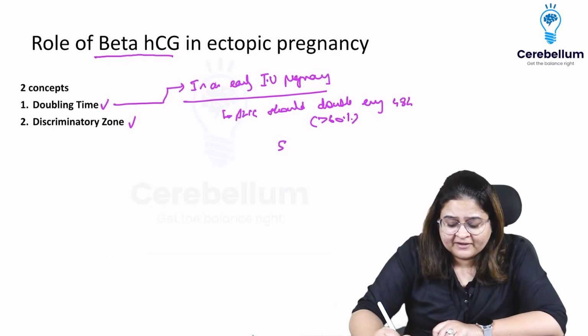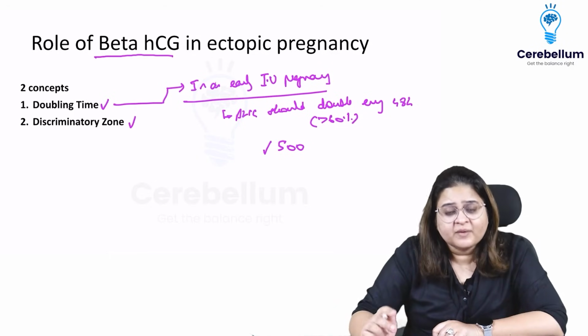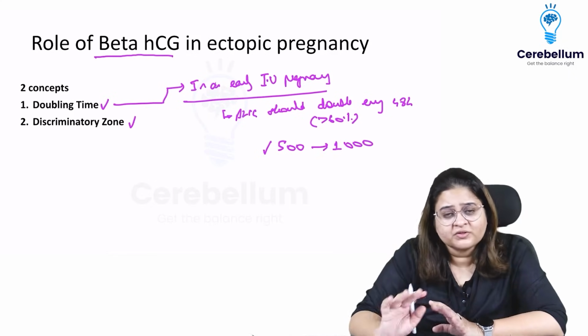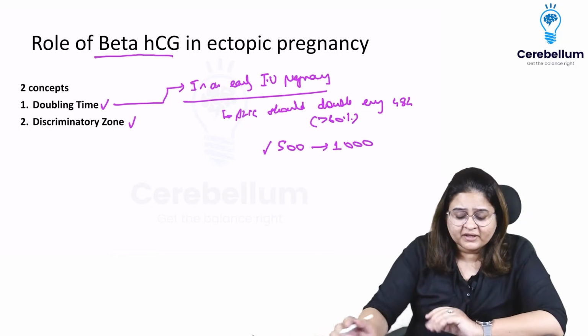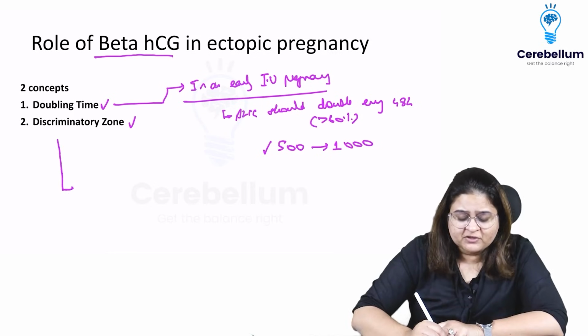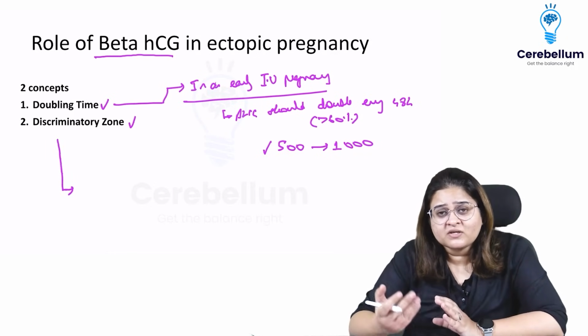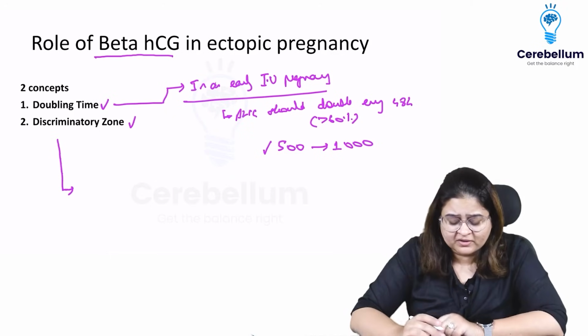So if I get a Beta-hCG value and it comes as 500, and after 48 hours it comes as 1000, I know this pregnancy is growing fine. Okay, and then I will call this patient for an ultrasound once the Beta-hCG has crossed the discriminatory zone. What does that mean?